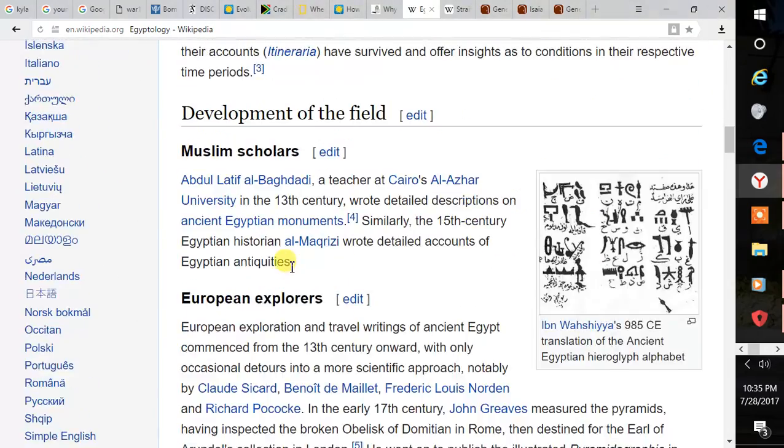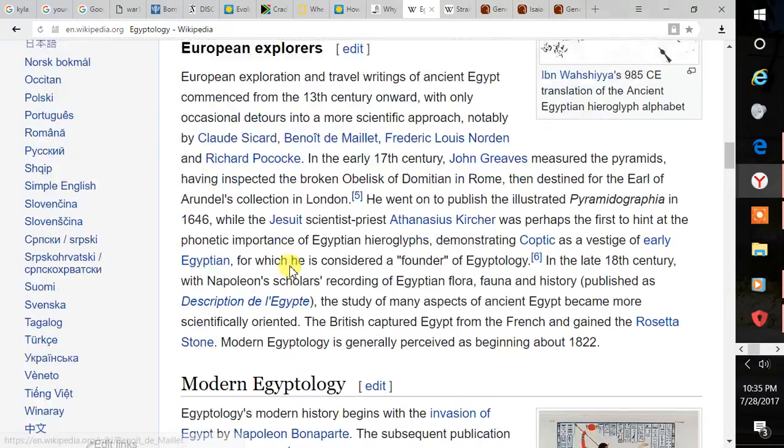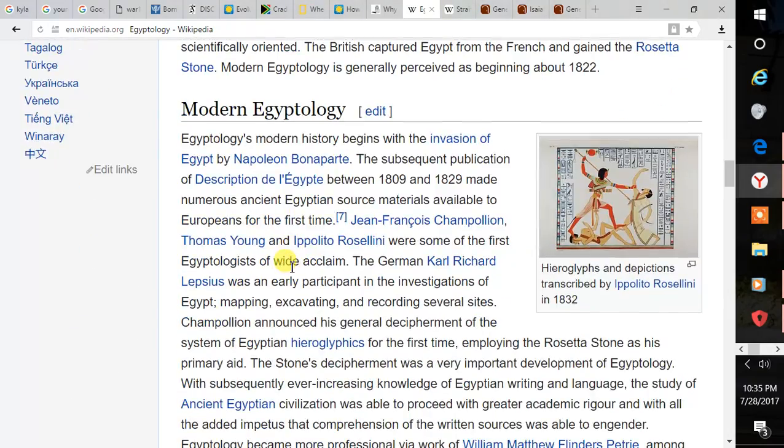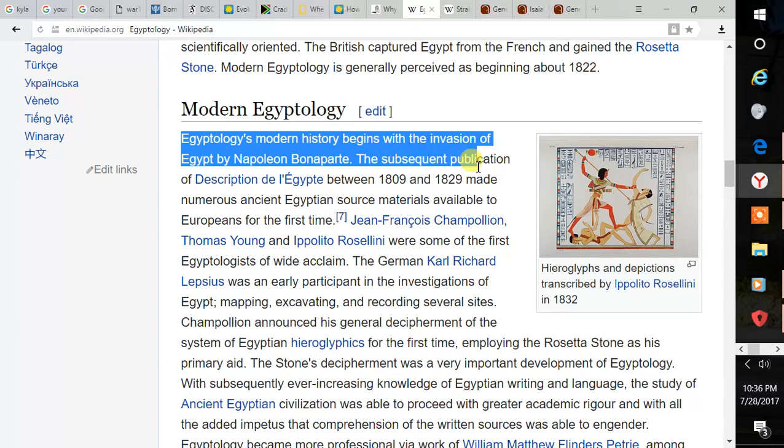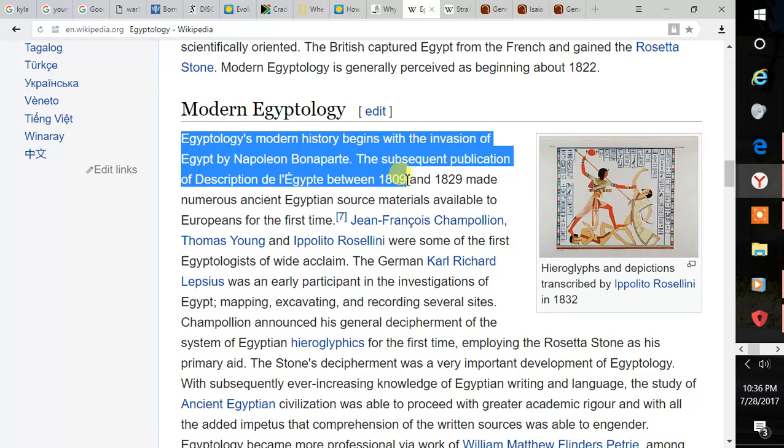Now, let me show you, as usual, what I always say. You should always follow the timeline. It says Egyptology's modern history begins with the invasion of Egypt by Napoleon Bonaparte, and the subsequent publication of Description de l'Egypte between 1809 and 1829. I want you guys to take note of that date.